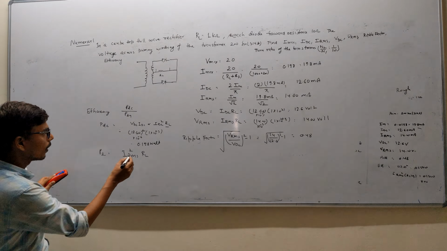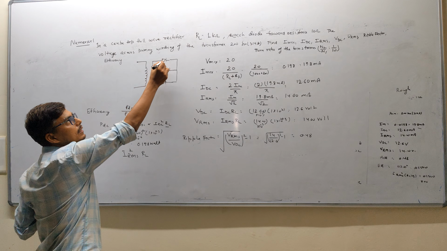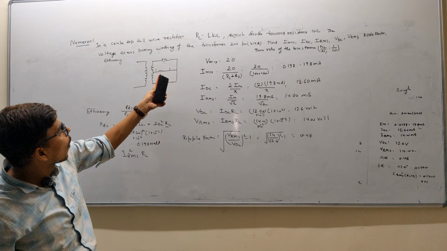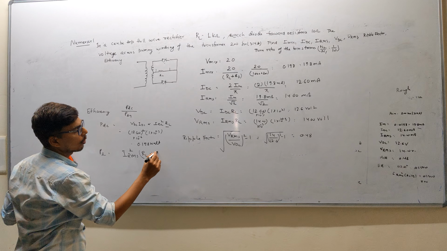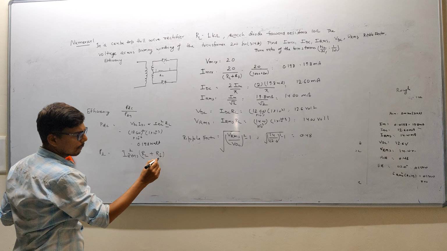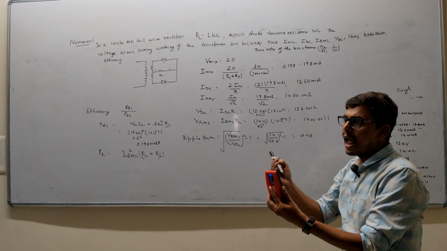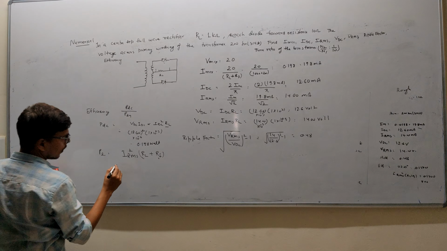So if you write only this, you are neglecting the power consumption across RF. But power input should include all the power input. I have included it. Since RF is only 10 ohm, neglecting it would give a slight difference in the result. Better to include it.